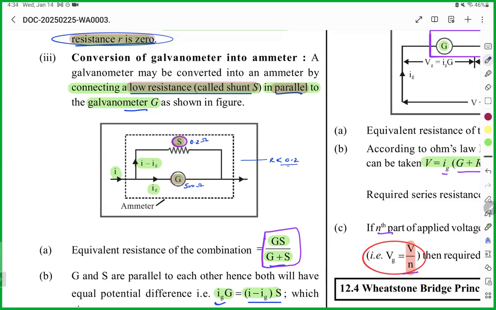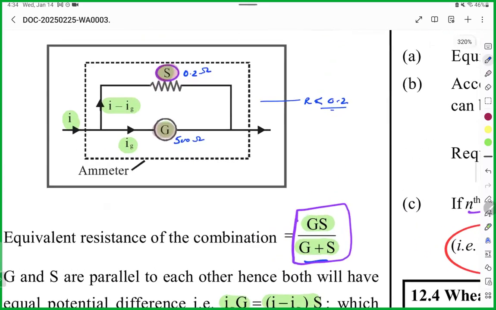No doubt. Okay, so if we calculate the total resistance in this case, both are in parallel, so it is G into S over G plus S. Why?